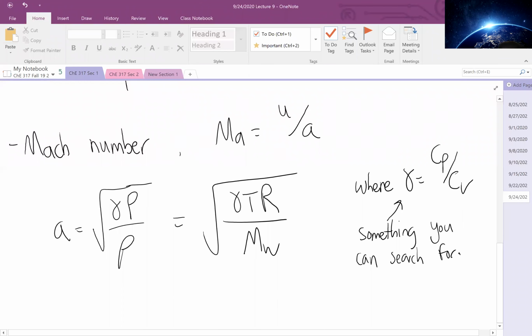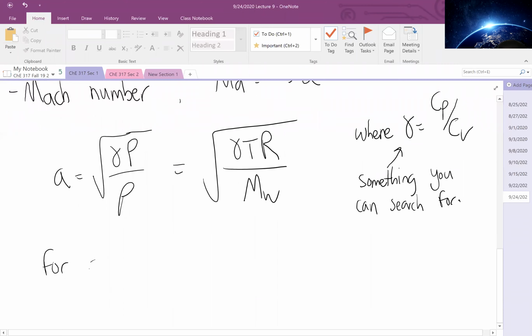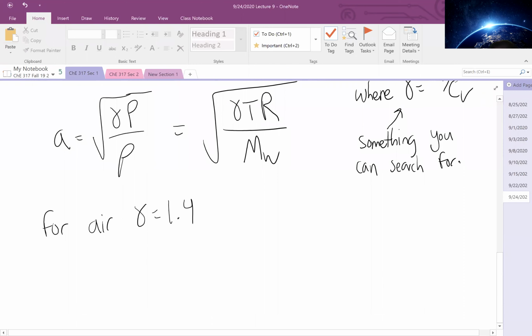For air, it's always good to have this in the back of your head: gamma is 1.4. We do a lot of problems with air, similar to doing problems with water, because it's the most common compressible fluid we have to consider.